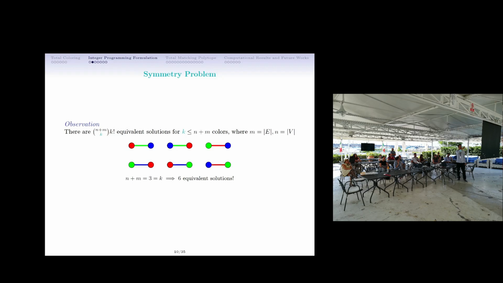We can group these elements into k colors, and we can permute those colors. So we get 6 equivalent solutions in this case, where m is the number of edges of the graph and n is the number of vertices.